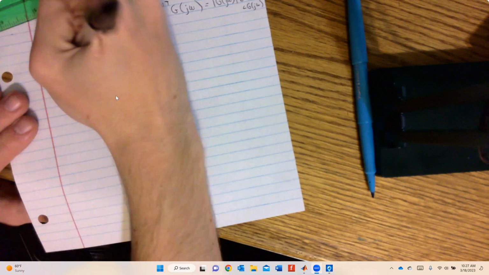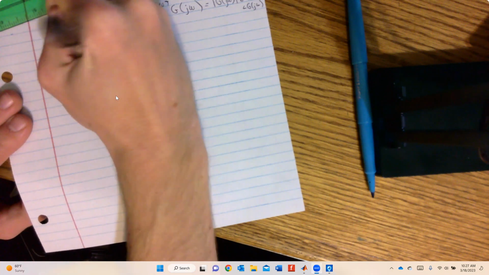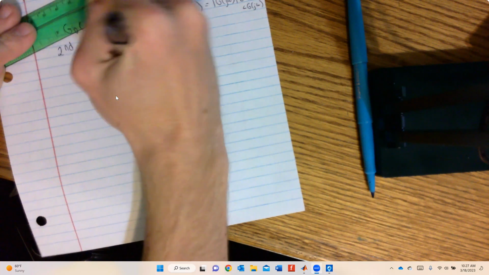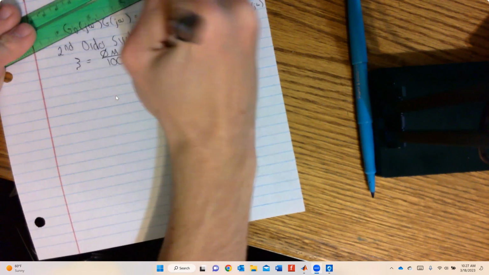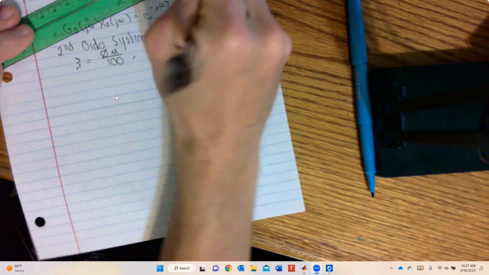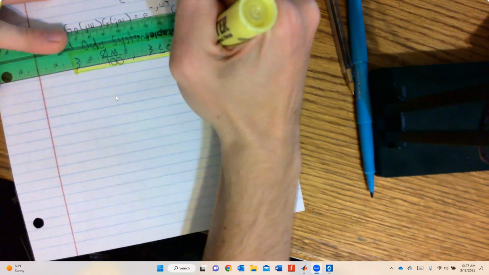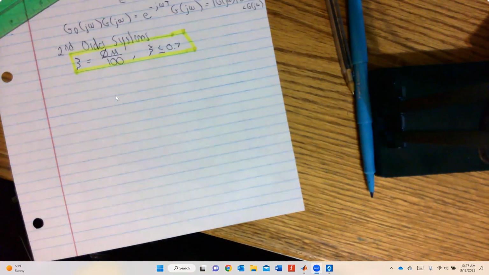Basically, if you know your zeta for a second order system, it's going to be equal to the phase margin divided by 100. And this works for zeta less than or equal to 0.7. So if you know your phase margin, you can determine zeta, and if you know zeta, you can determine your phase margin. It's like a general rule of thumb. You can approximate a lot of higher order systems by second order systems, so we like this general approximation.